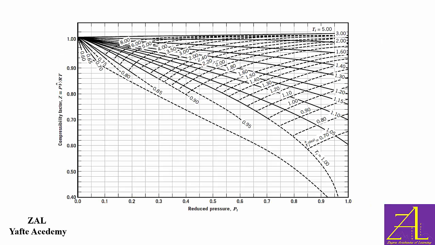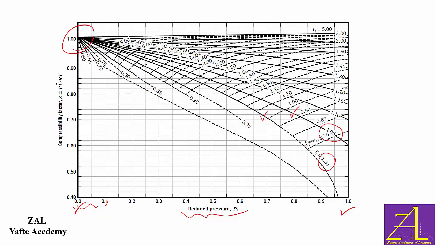This is one chart. The horizontal axis is PR going from 0 to 1, and each one of these curves belongs to a value of TR. Here is TR of 1, here is TR of 1.05. Note that at a very low value of PR, the value of Z is equal to 1.